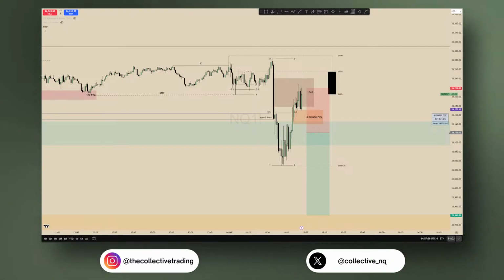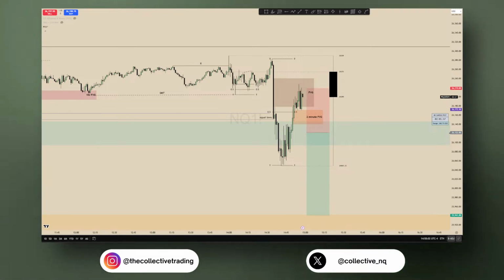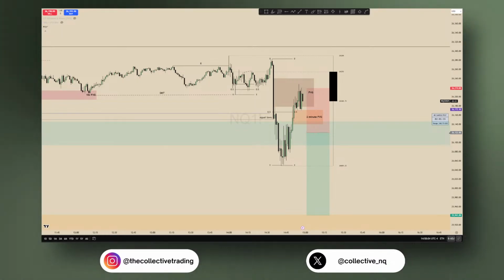We actually traded into that 2-minute. Oh, and then pumped off it. Well, we traded to it twice actually. We traded to it when it formed. Pretty much. We traded to it right here.